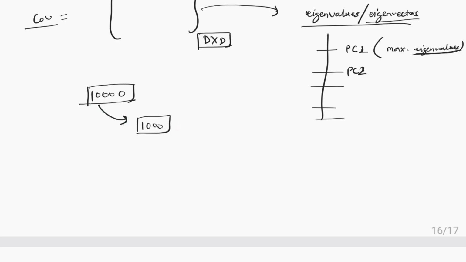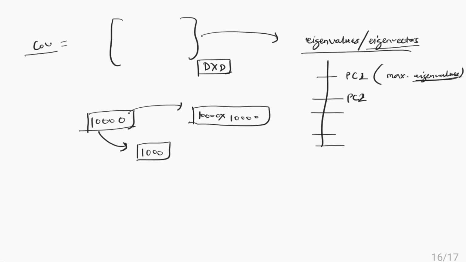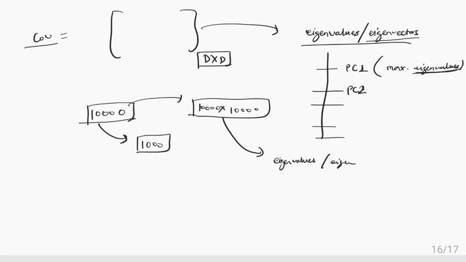In that case you are first going to compute the covariance matrix, a 10,000 cross 10,000 matrix, and once you have this matrix, then you are going to calculate the eigenvalues and eigenvectors of that 10,000 cross 10,000 matrix. Imagine how compute heavy this task is. So in practical aspects we do not use this.